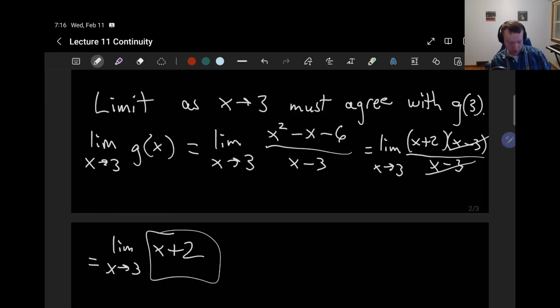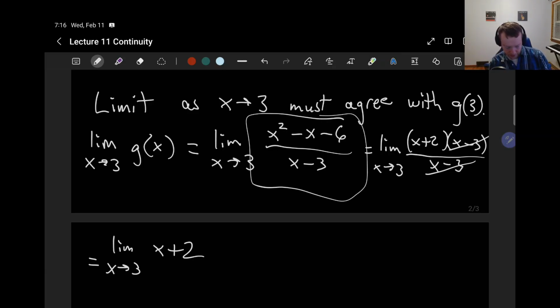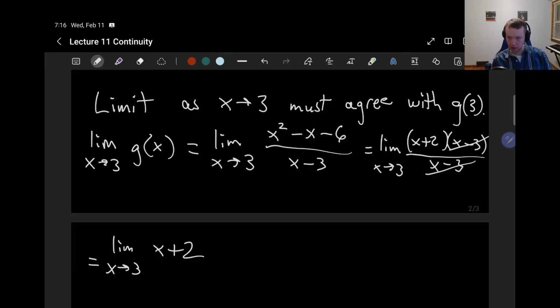You know, this x plus 2 is almost the same thing as this expression we had. Just a hole at x equals 3. Well, when you're looking at the limit, that doesn't really matter. So plug in 3 now. The limit is 5.